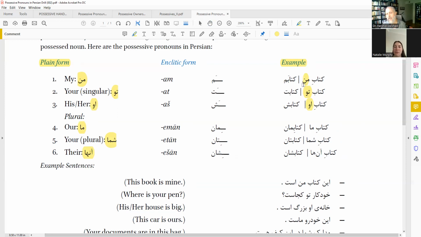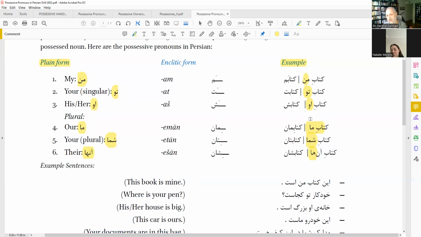So, کتاب من, کتاب تو, کتاب او, which means my book, your book, his or her book, as Persian does not distinguish between male and female. And then in plural, ketab ma, ketab shoma, and finally ketab anha.